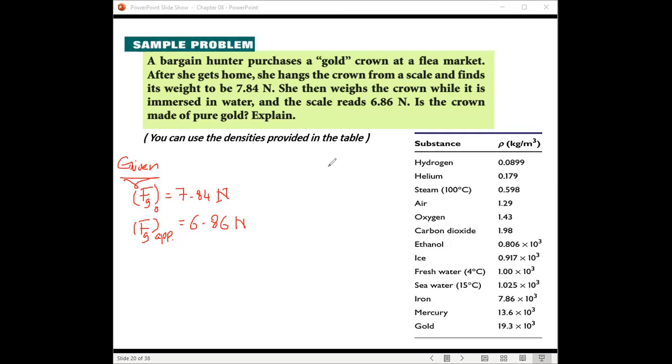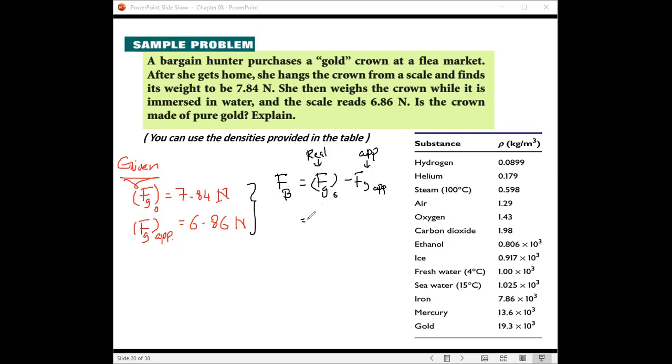We will find the buoyant force. FB equals FGO, which is the real weight, minus FG apparent, which is the apparent weight.